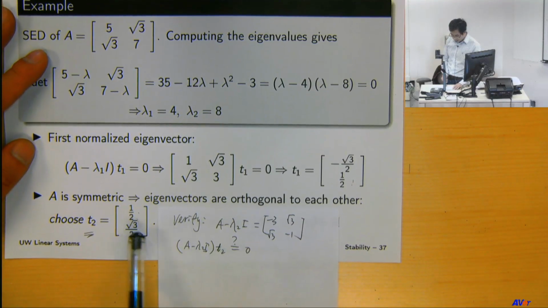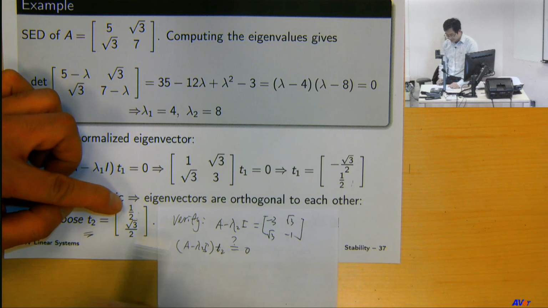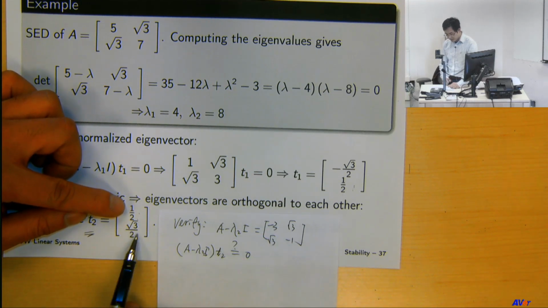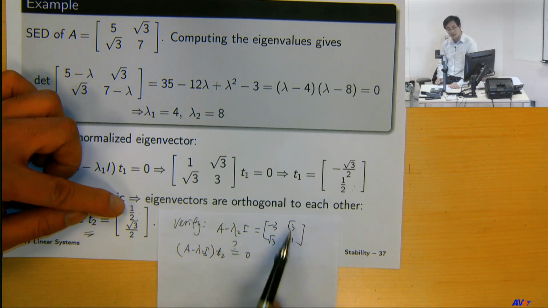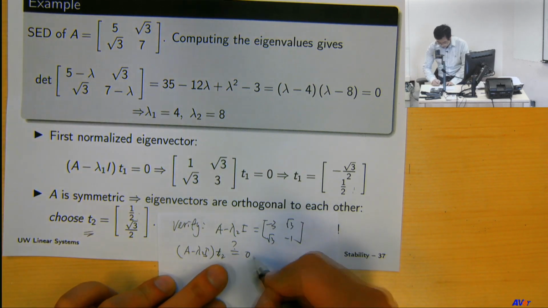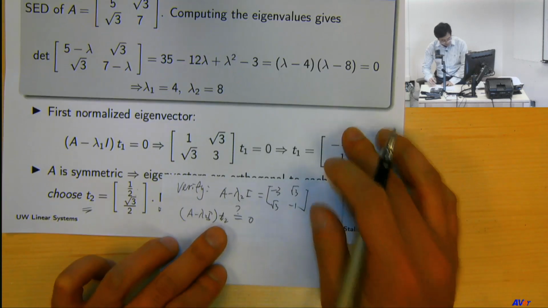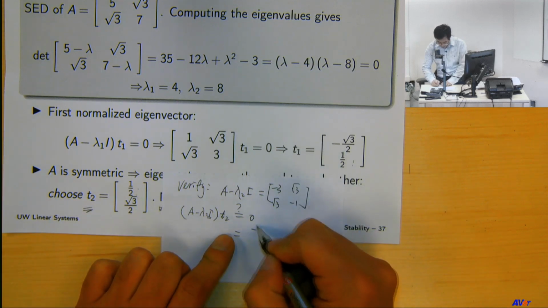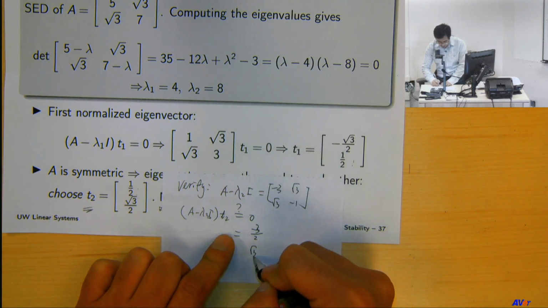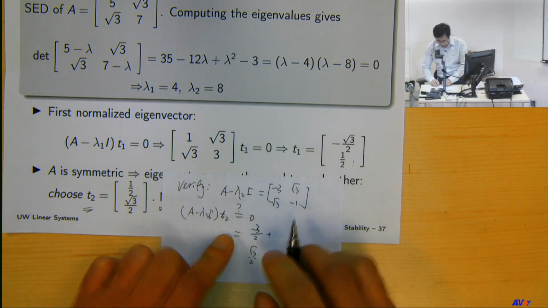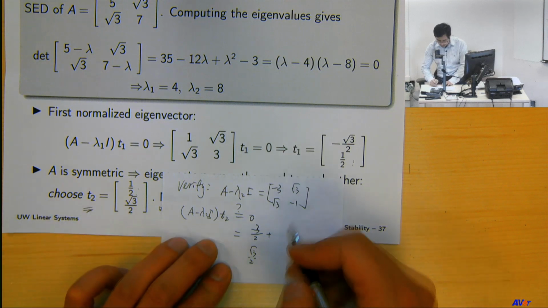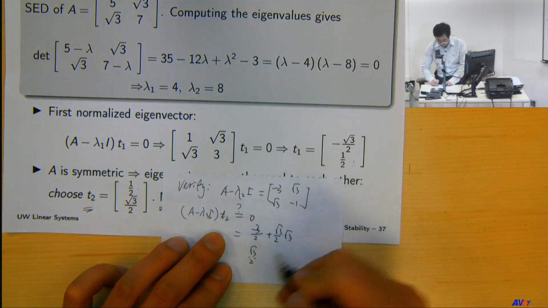T2 is half of the first column, right? Plus square root of 3 divided by 2 times the second column. So this should equal half of the first column, so negative 3 over 2, square root of 3 over 2, plus the second column scaled by square root of 3 over 2 times square root of 3, then negative square root of 3 over 2.